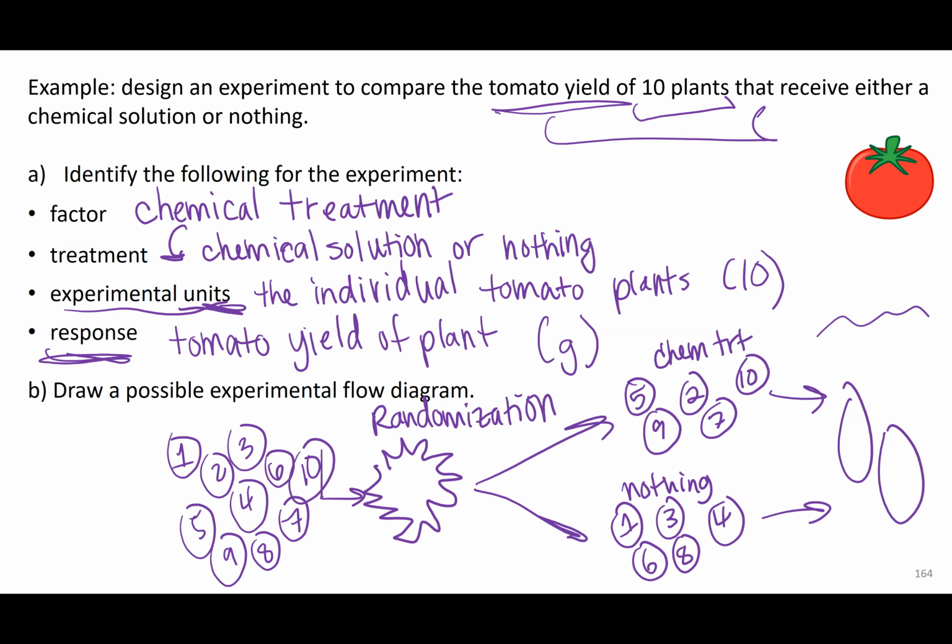Drawing this part's not quite as essential, I think, but the idea is I took those 10, I randomly assigned half into each. And depending on what the experiment is, you might decide I really want them to be unequal halves. Maybe I want to have more in the treatment group than the other.